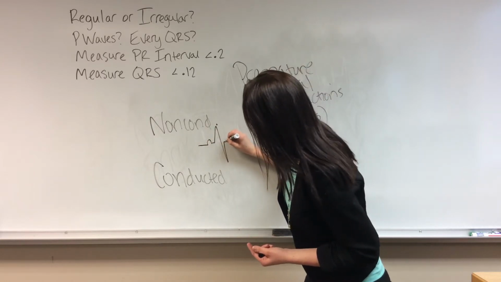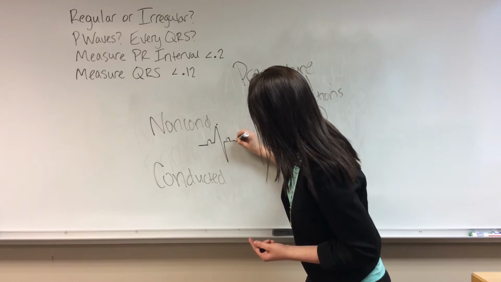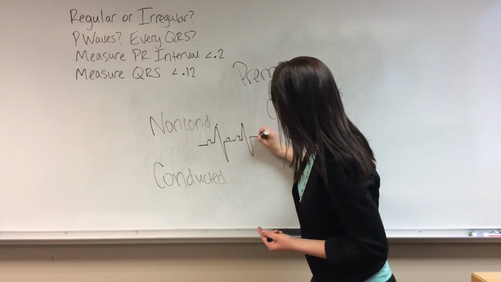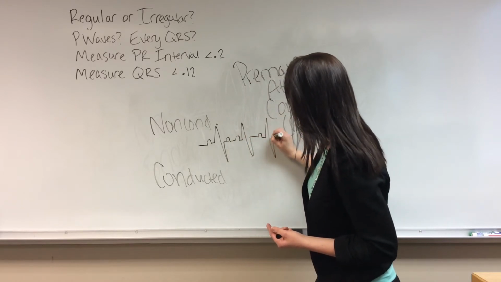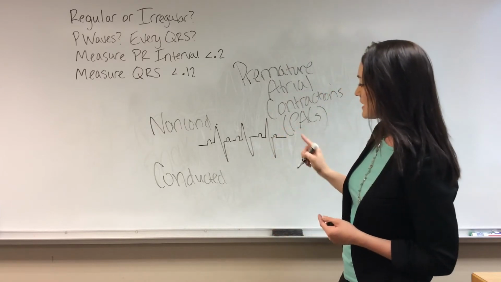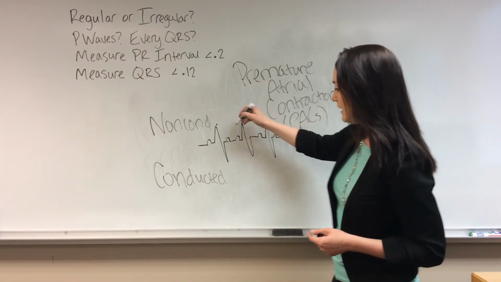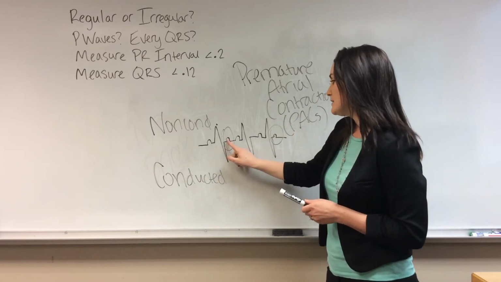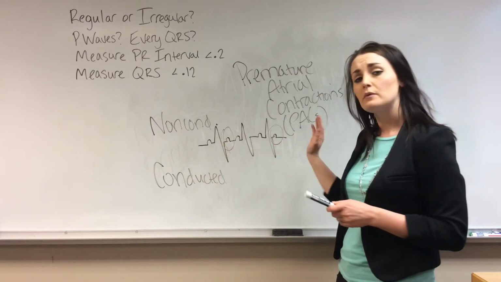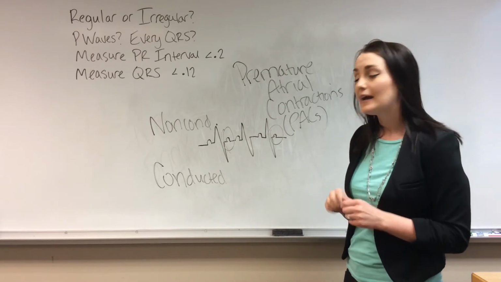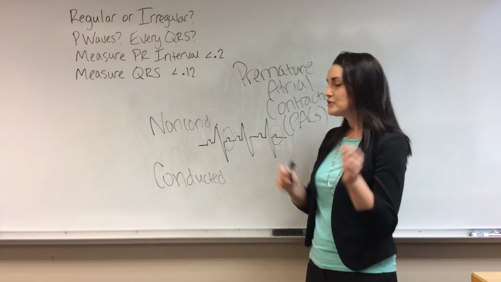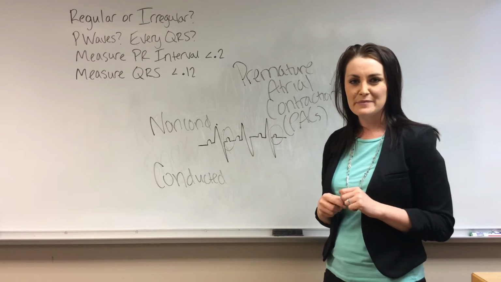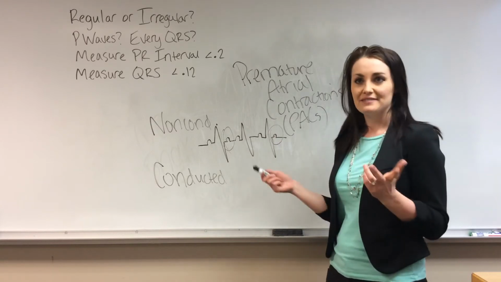you might see a little early P wave, and then it starts over. So there's actually 2 PACs here, right here and right here. So what happened in this rhythm, you have a normal, let's say normal sinus rhythm underlying, and the atria just decided, okay, I'm going to fire, I'm going to depolarize, and it's early.